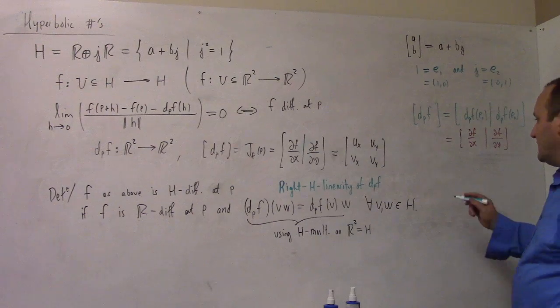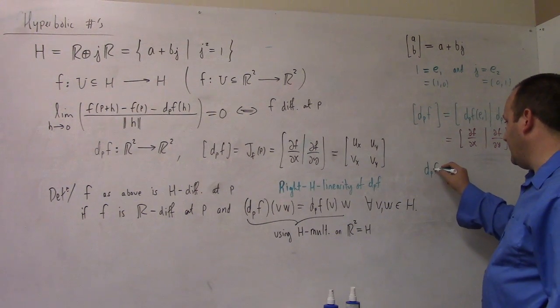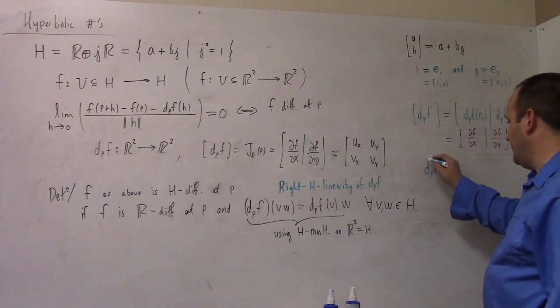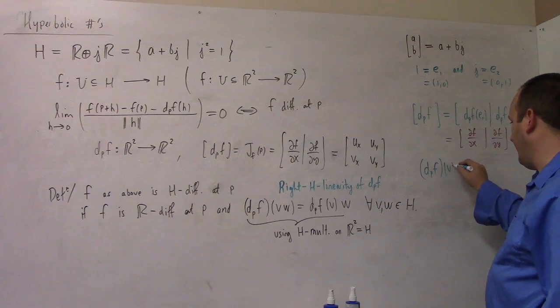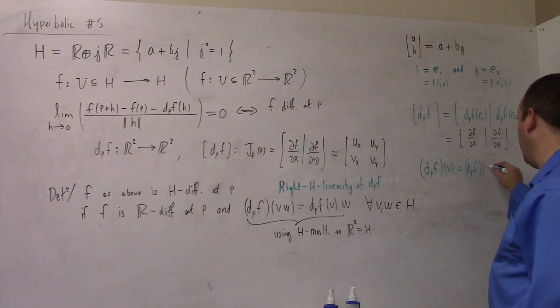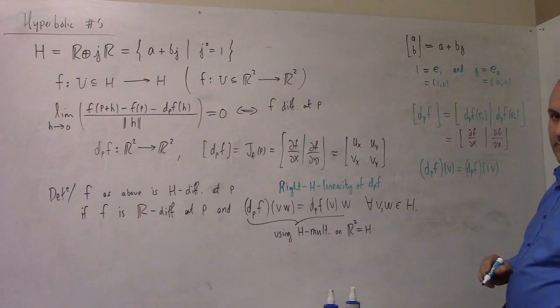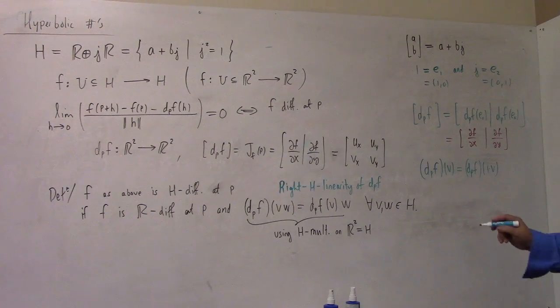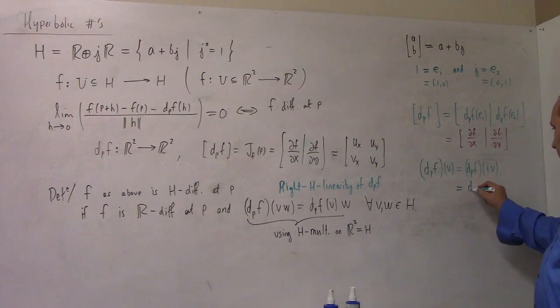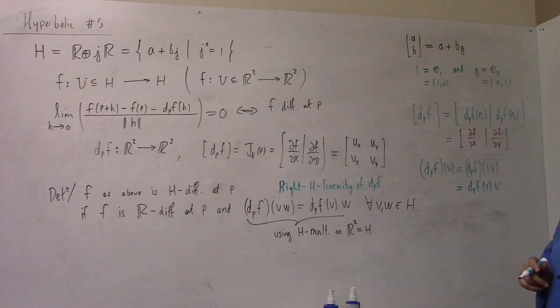Check out what that says. dPf of v is equal to dPf of 1 times v, right? 1 is a hyperbolic number. So by that property, this is dPf of 1 times v.